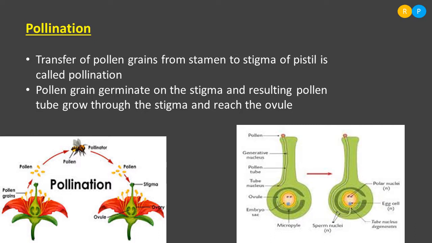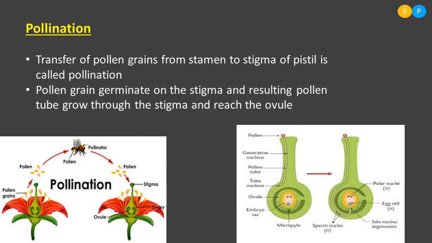So soon after it lands on the stigma, the formation of the pollen tube takes place. You can observe this in the second diagram. One of the pollen grains on the surface of the stigma formed the pollen tube.